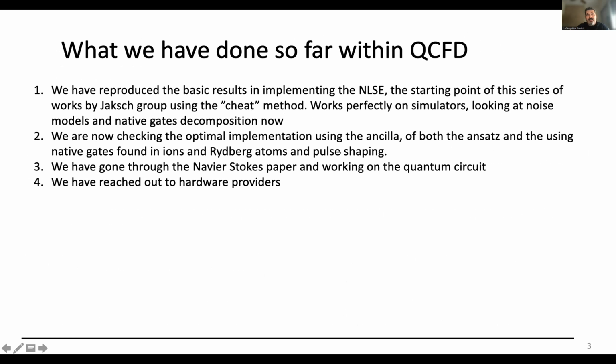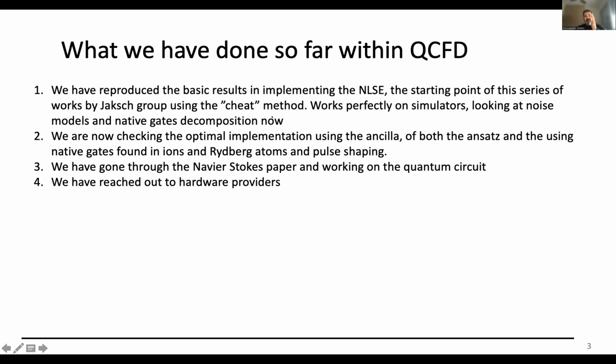What we've done so far, again, I can refer to the earlier talk in the morning, where we started from the basics, looking at the nonlinear circuit equation, which was the first paper. I'll go into a little bit more detail in a bit.